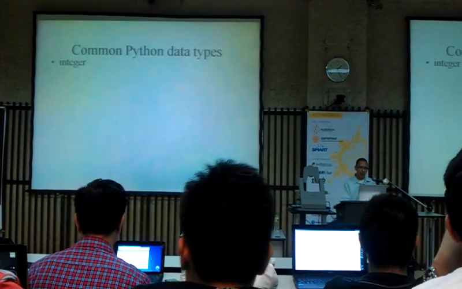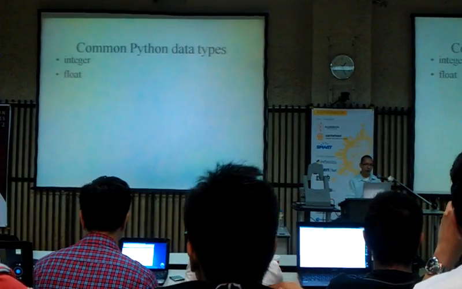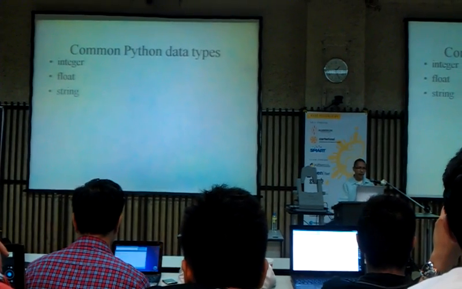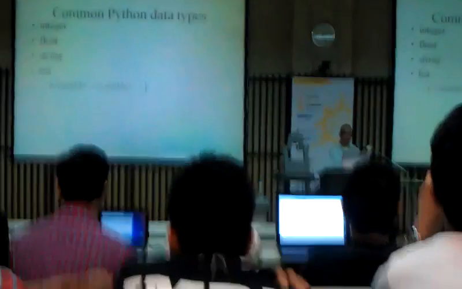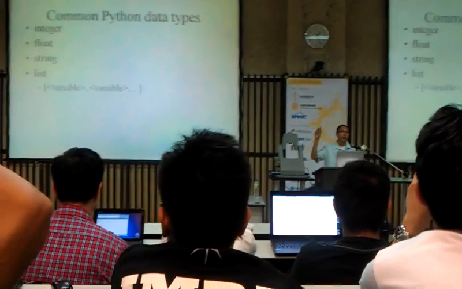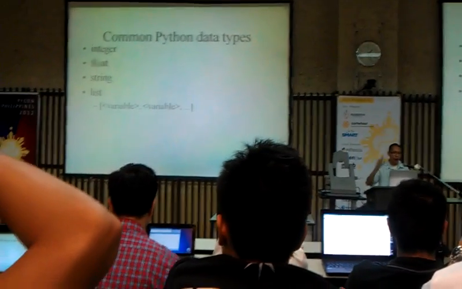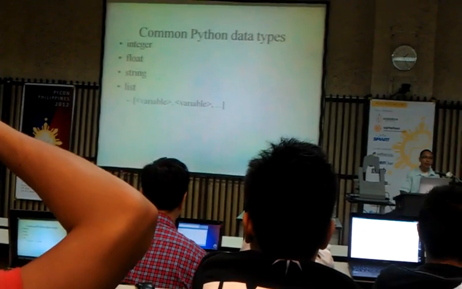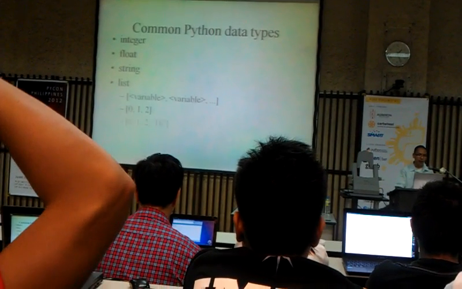Common Python data types are integer, float, string, list. An example of a list is an open bracket, and then the values of the list, such as 0, 1, 2.